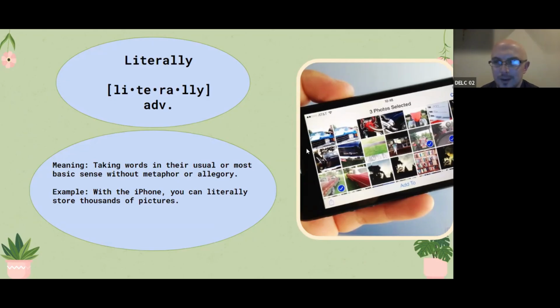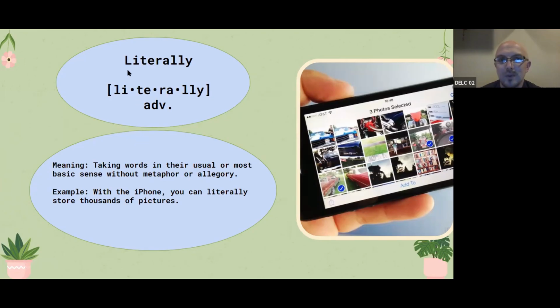Okay, and I'll give you some examples here. So we might say, oh, with my new phone, I can take thousands of pictures. And you might think he's not serious. He just means many, many, many pictures, but not actually thousands of pictures.